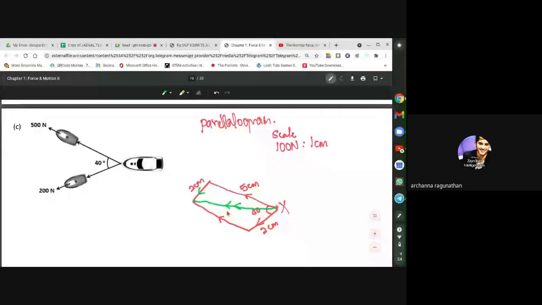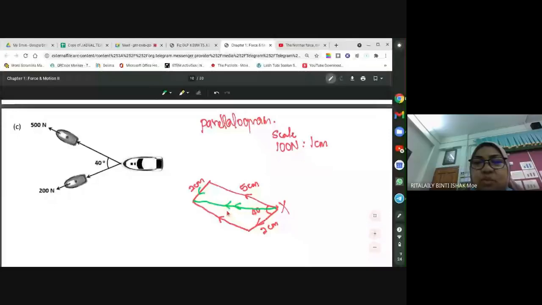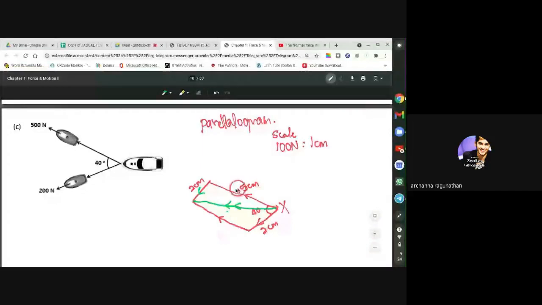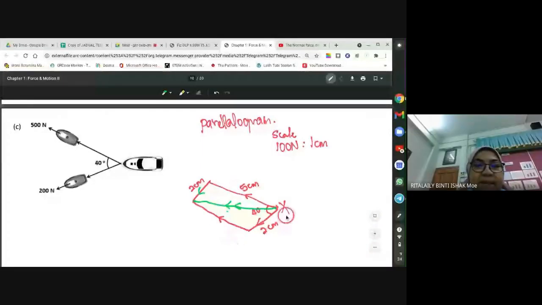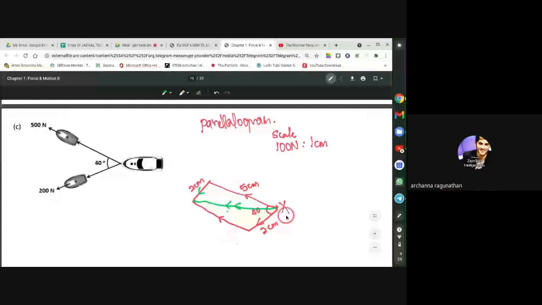This one is quite hard for us to do calculation because the 40 degree is for two different forces, two different values. One is 500, the other one is 200. So we don't know which force has the bigger angle. That is why we use parallelogram. Can you follow, Ashana? Yes, teacher.